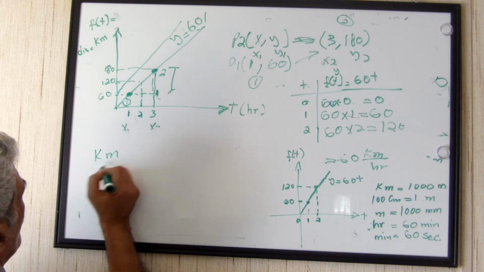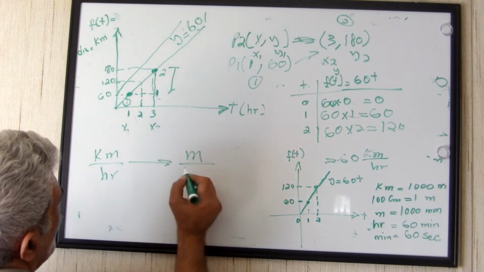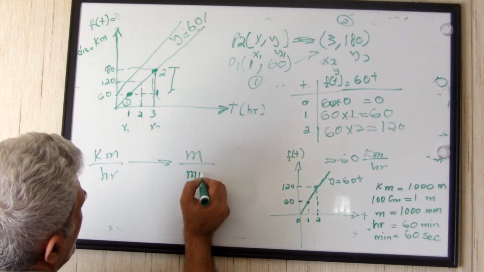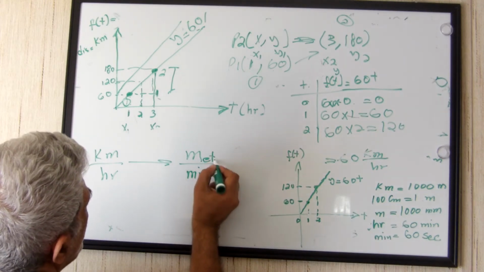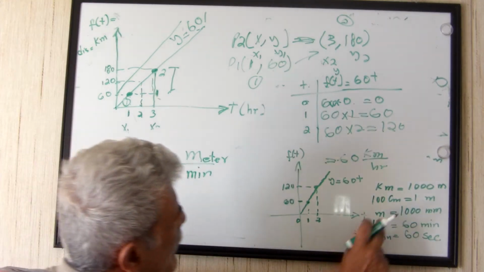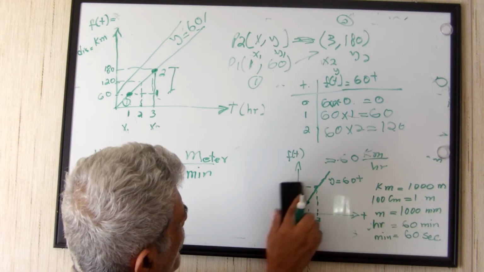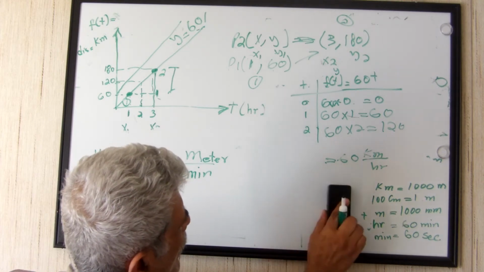Kilometer per hour. Now you want to change it to meter per minute. Meter per minute, m means meter. Now we finish this one.